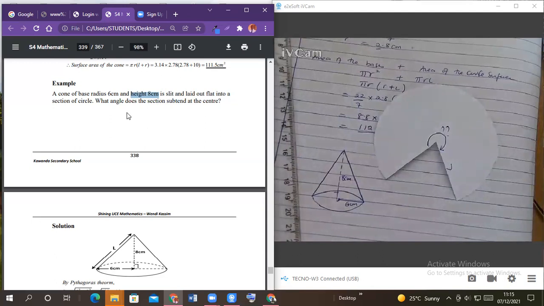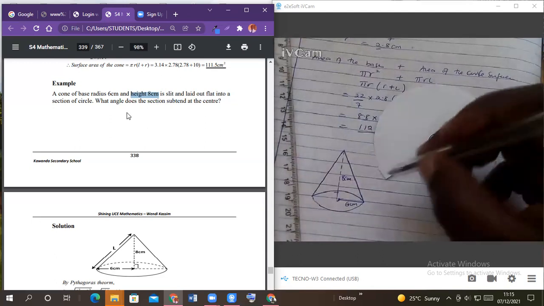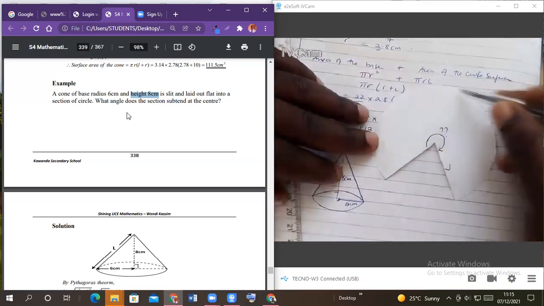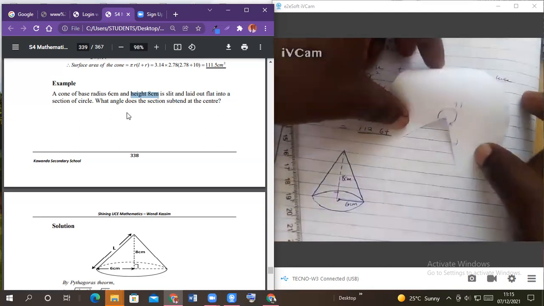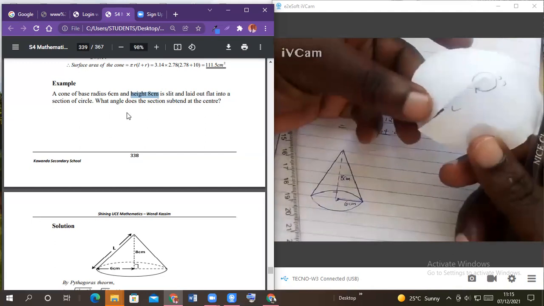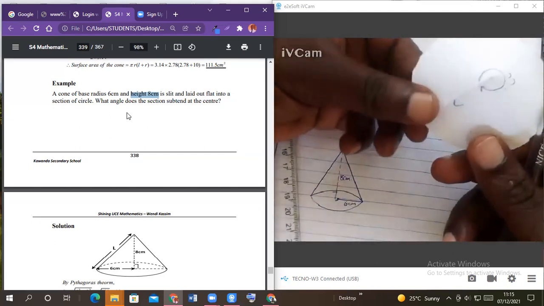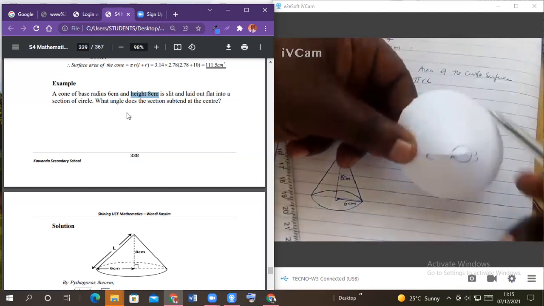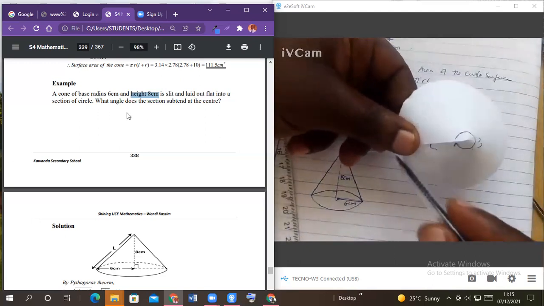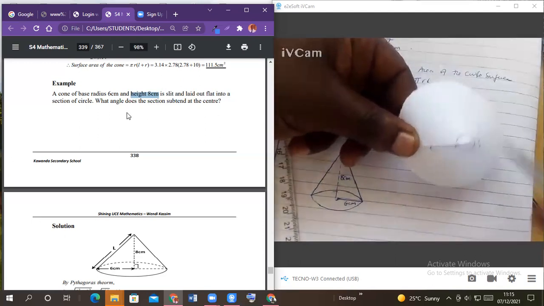So what do we need to do? We need to first find this length here. This arc length is the circumference of the base.